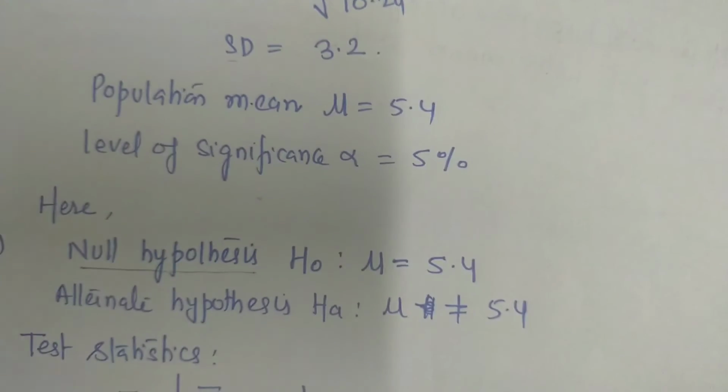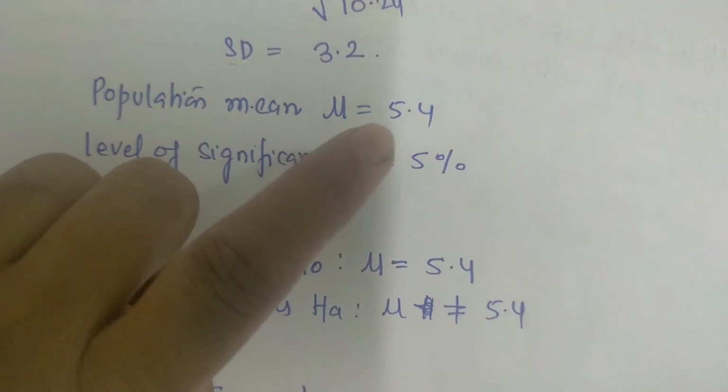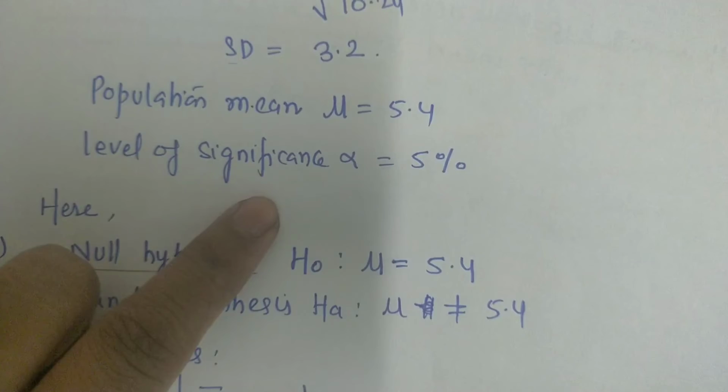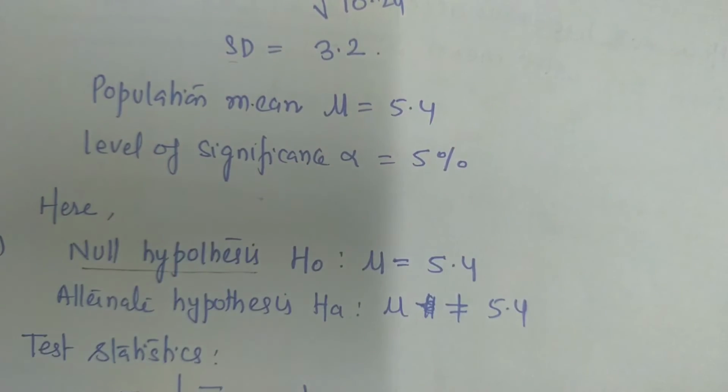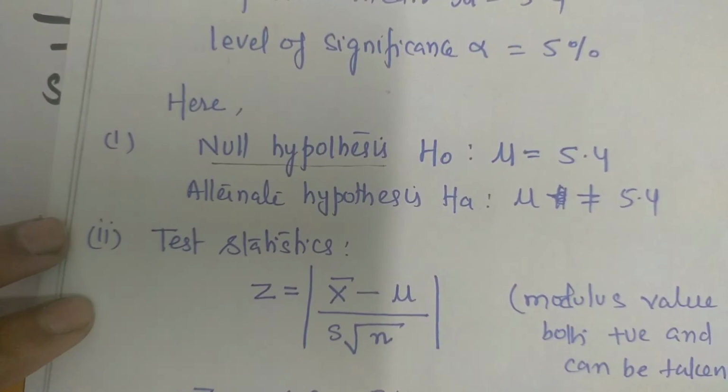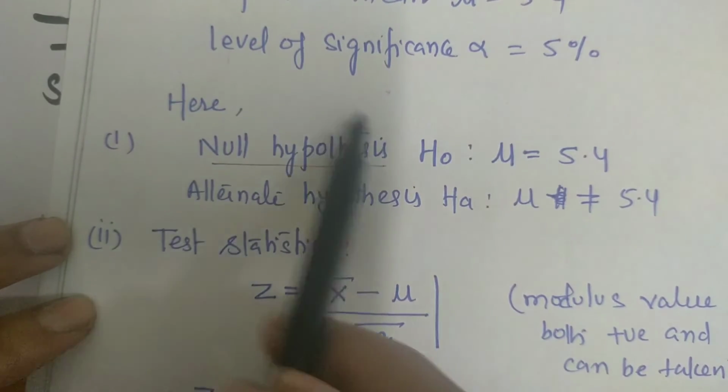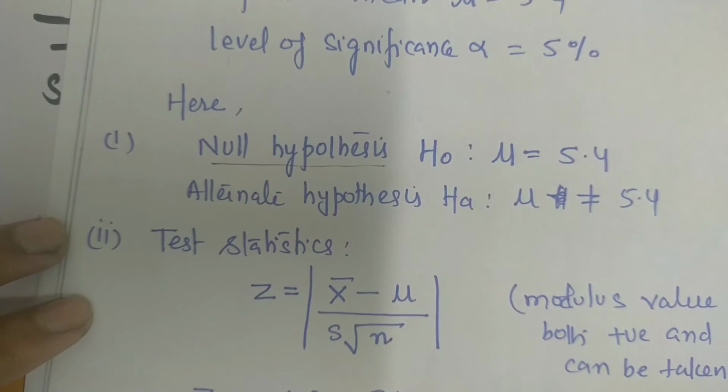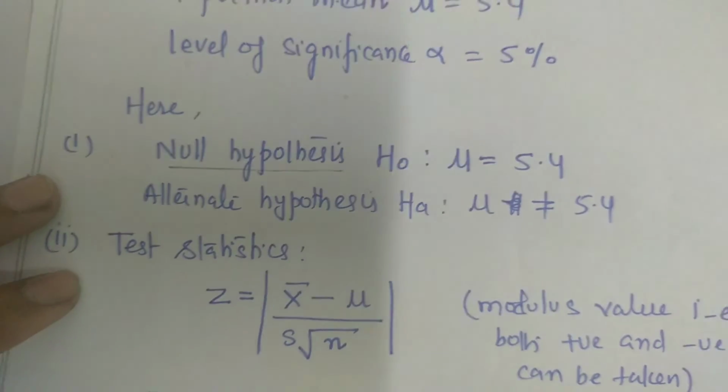Now the population mean mu is given as 5.4 and the level of significance alpha is 5%. The first step is to state the null hypothesis. So what is the null hypothesis?